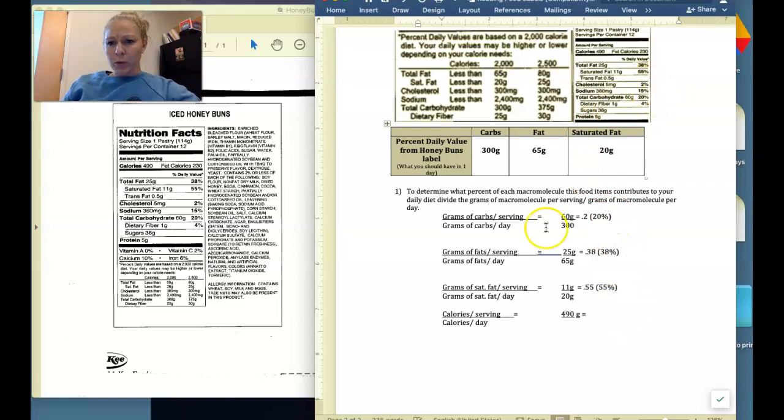So this should look pretty familiar. If we eat a honey bun pastry instead of a healthy breakfast, it's going to give us 20% of all the carbs we're supposed to eat in that day, 38% of all the fat, and more than half of the saturated fat.